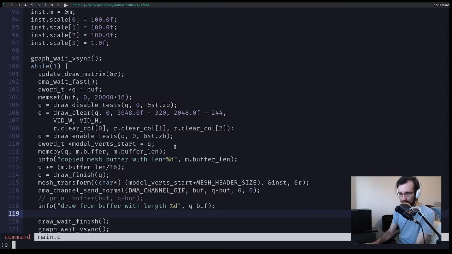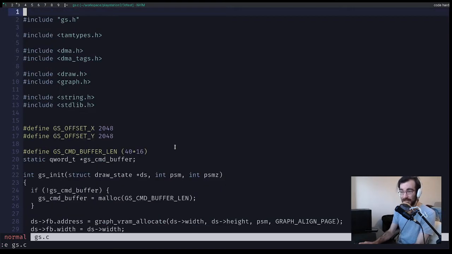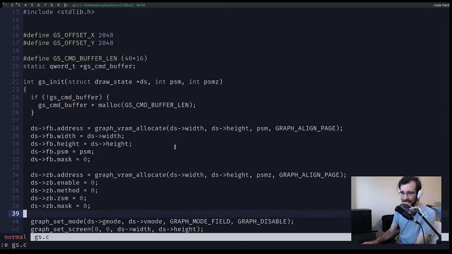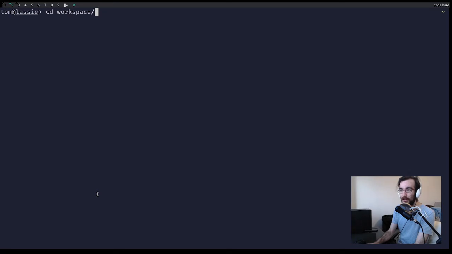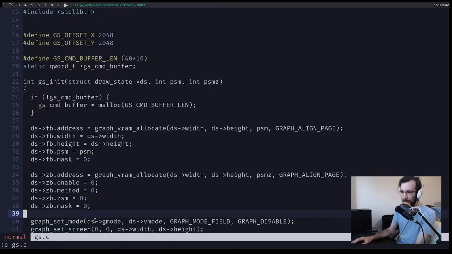If I jump across into gs.c, the code where we initialize the graphics synthesizer, we set the Z buffer depth test method to 0. Now, let me pull up the PS2SDK. There are some wonderful people who have defined all of these magical constant numbers.